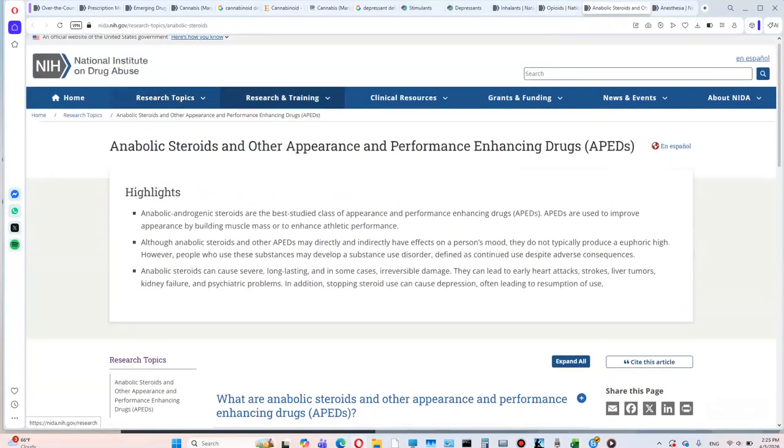From the same source, anabolic steroids and other appearance and performance-enhancing drugs, APEDs, highlights. Anabolic androgenic steroids are the best studied class of appearance and performance-enhancing drugs, or APEDs.